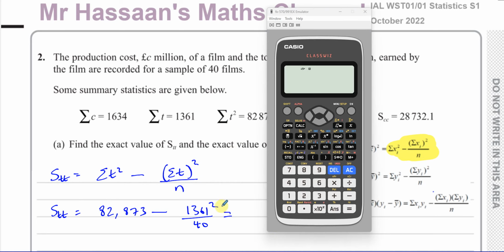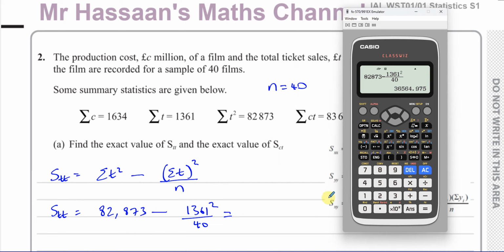We take the calculator and put these in, being very careful not to make a silly mistake in typing in the numbers. It's very easy to do that in this topic. So it's minus 1361 squared, divided by 40. That gives us 36,564.975.